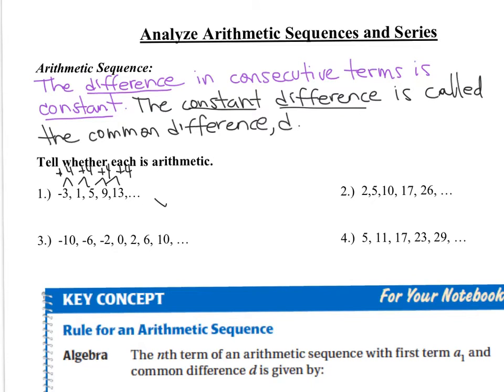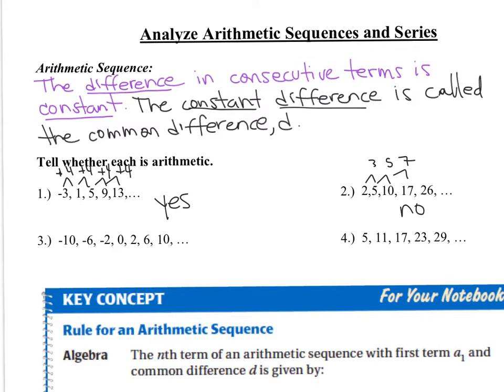So yes, this is arithmetic. For the next one, from 2 to 5 is 3. 5 to 10 is adding 5. Then 7. And right there I can tell you that I'm not adding the same numbers, so this one is not arithmetic.